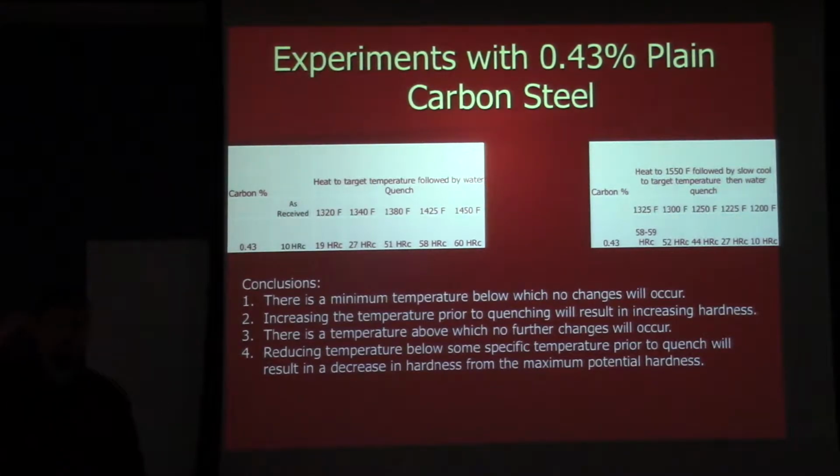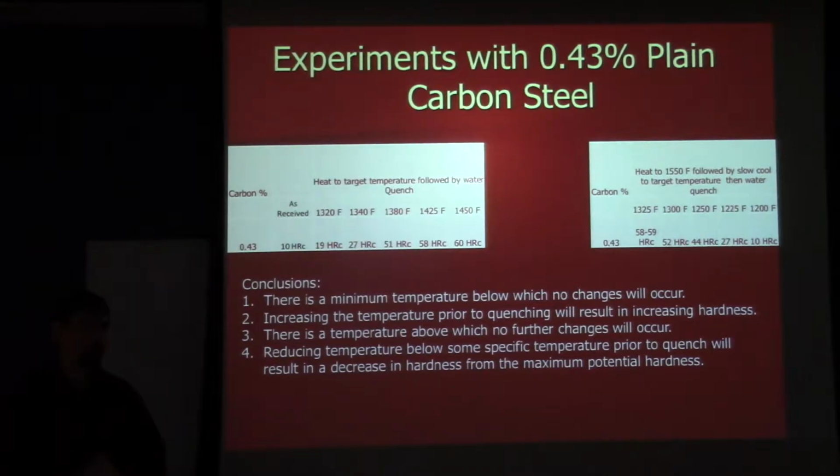You have to get over some minimum point to get any change, and he was able to establish what that was. And then if he continues to increase the temperature, he will get increasing hardness. If he heats from 1300 to 1350 to 1400 and quenches from those increasing temperatures, he gets a change in structure and an increase in hardness.